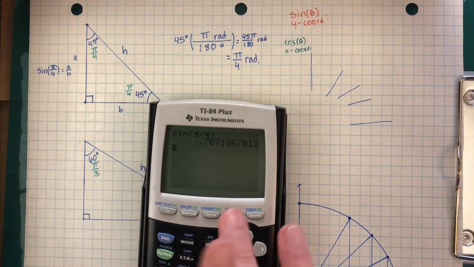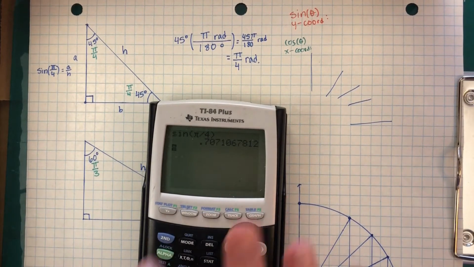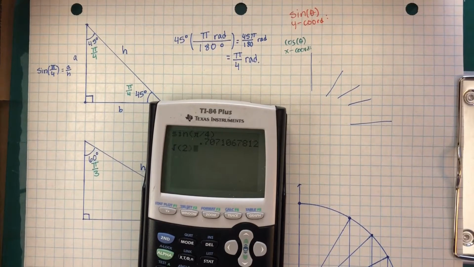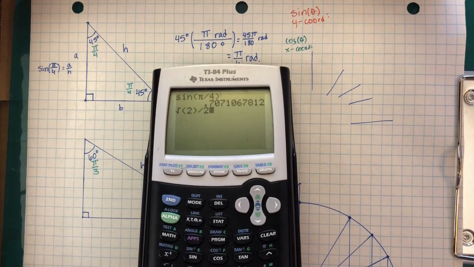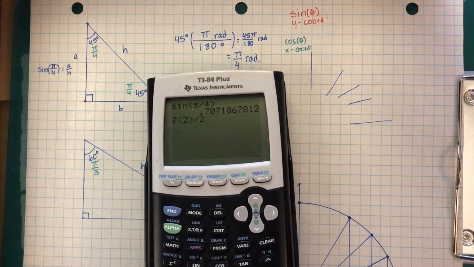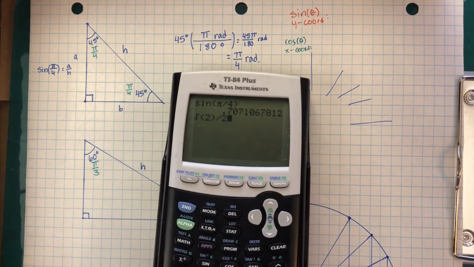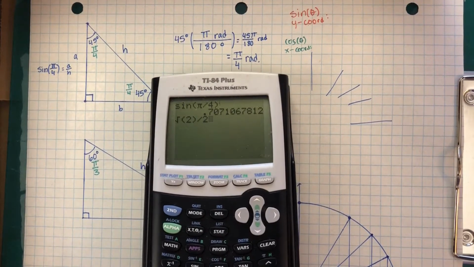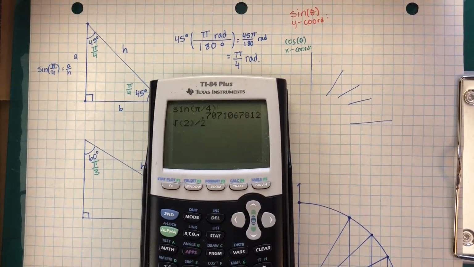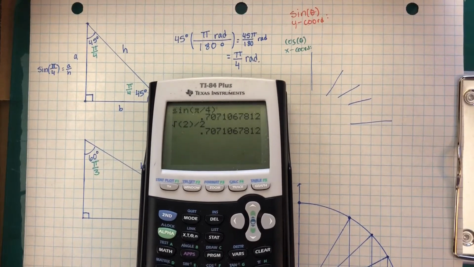It turns out that this number is the same as the square root of 2 over 2. And this is partly why we call this a special right triangle, because when we have exactly 45 degrees, the sine of 45 degrees turns out to be exactly the square root of 2 over 2.